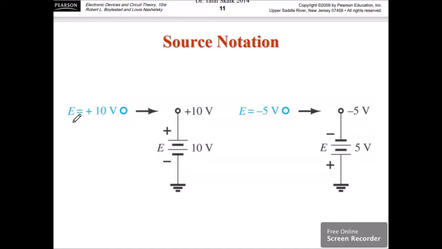Okay, now, sabi dito, yung E natin is equal to 10 volts. Dito naman, yung ating E is equal to negative 5 volts. Kasi titingnan mo siya, galing dito sa terminal na ito, pababa sa ground, ano ba yung sign na na-encounter mo.